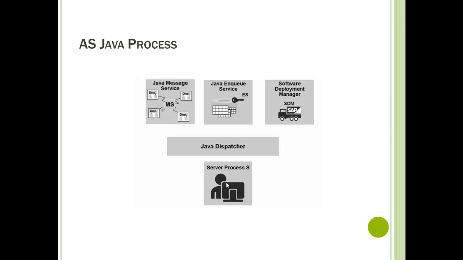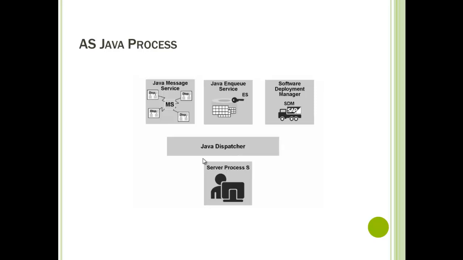That is the difference between the Java server process and the ABAP work process. For every dispatcher, at least one Java server process is required. You can have up to 16 server processes for one dispatcher.